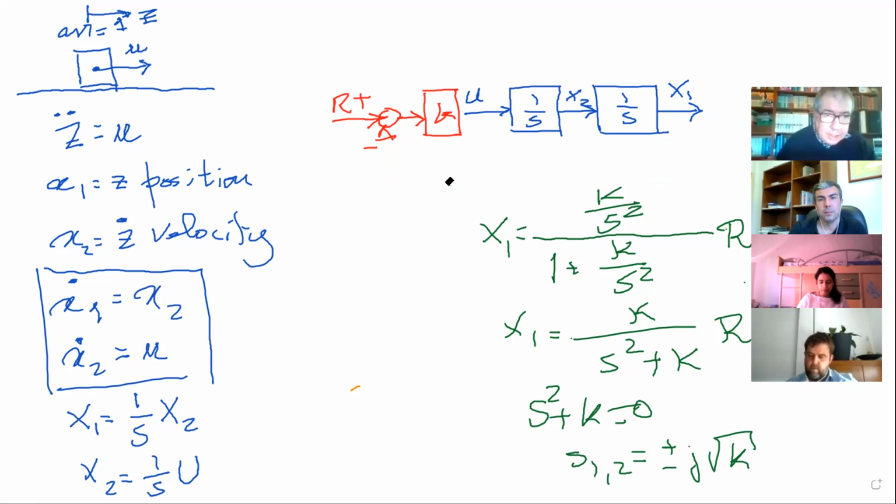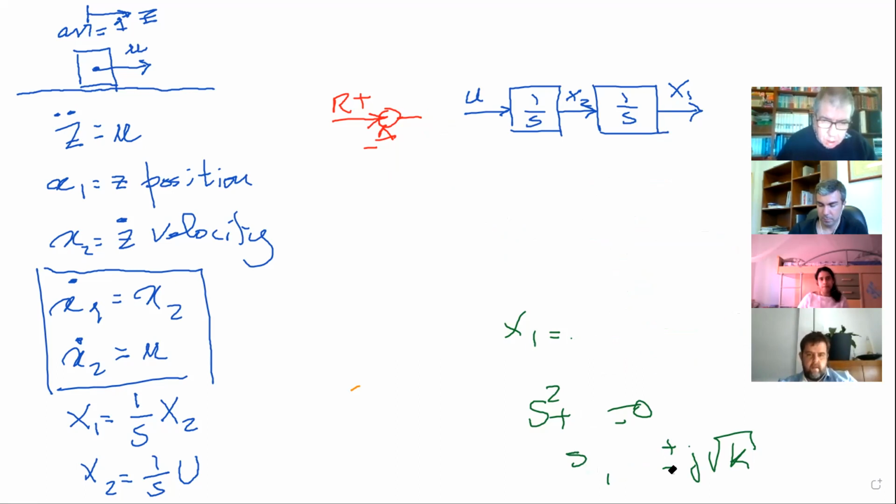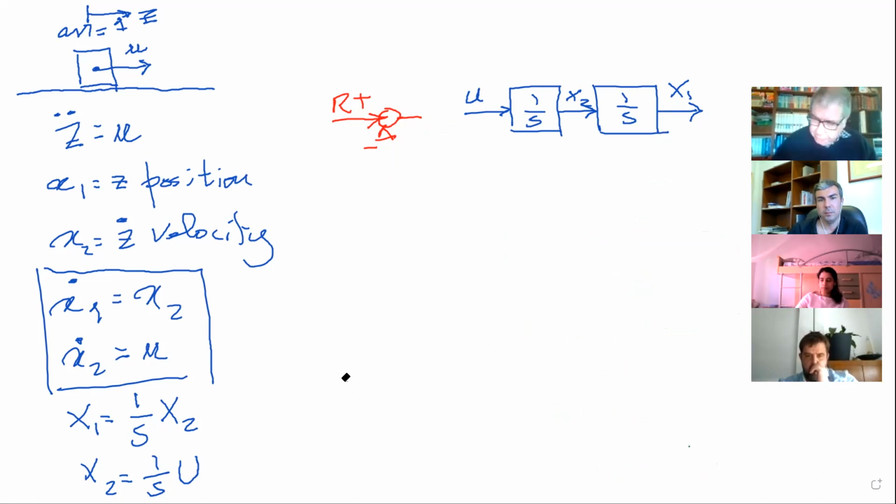Also, I will clean this stuff and this stuff. And let's design our controller.